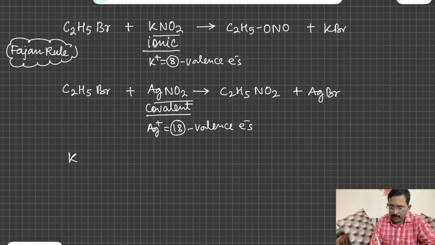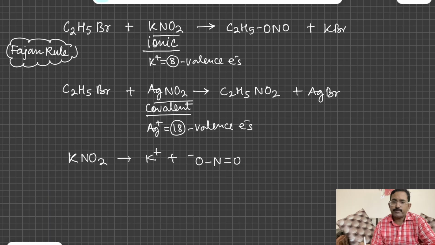When we talk about KNO2, because of being ionic, it is present in terms of ions, and as a nucleophile, ONO with bonding site oxygen is available.